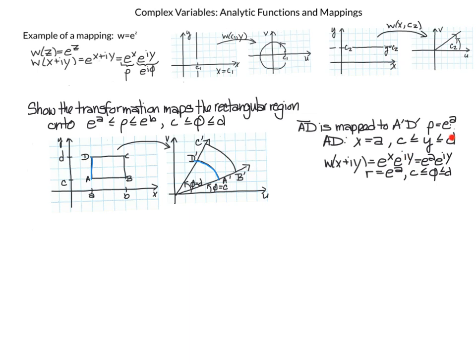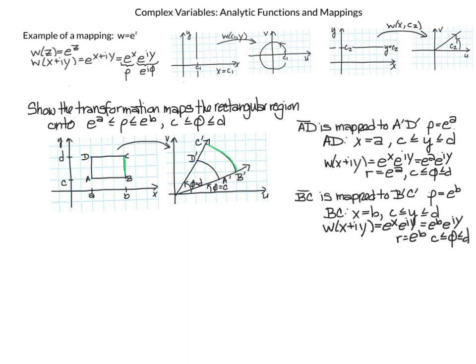In terms of my x's and y's, that means we have e to the a, e to the iy, where y goes between c and d. So in other words, our radius is equal to e to the a, and that's what we have here, and our phi goes between c and d, which is what I've drawn here. Phi goes between c and phi equals d. I didn't really say the radius here, but you'll have to know that the radius here is equal to e to the a.